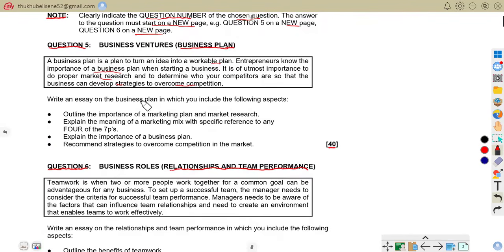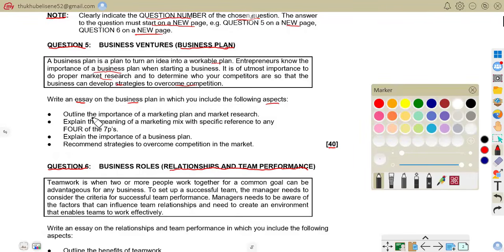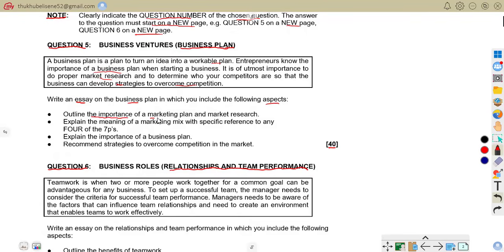So now you are to write an essay on a business plan in which you include the following aspects. We are given the aspects. The first one, outline the importance of marketing plan and market research.